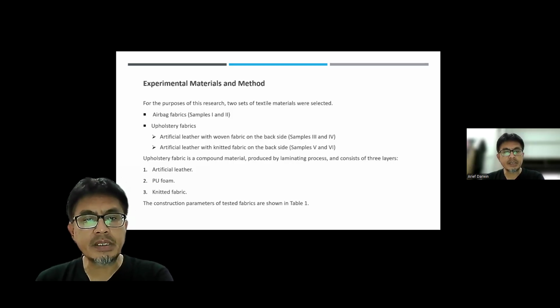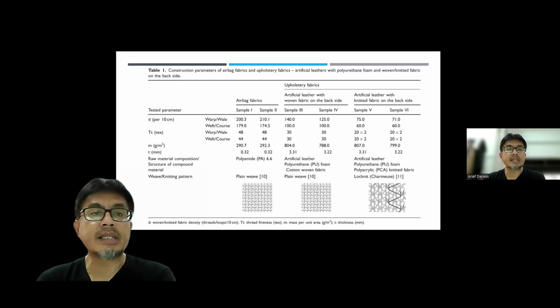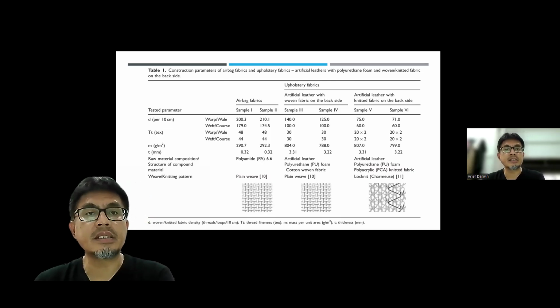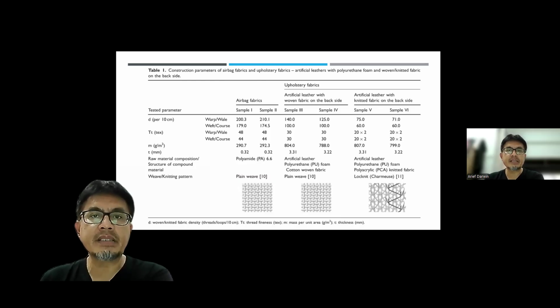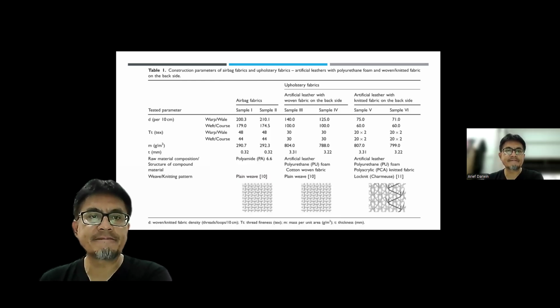The construction parameters of the tested fabrics are shown in Table 1. Okay, this is Table 1. We can see the construction parameters of each sample for both airbag fabric and upholstery artificial leather fabric.